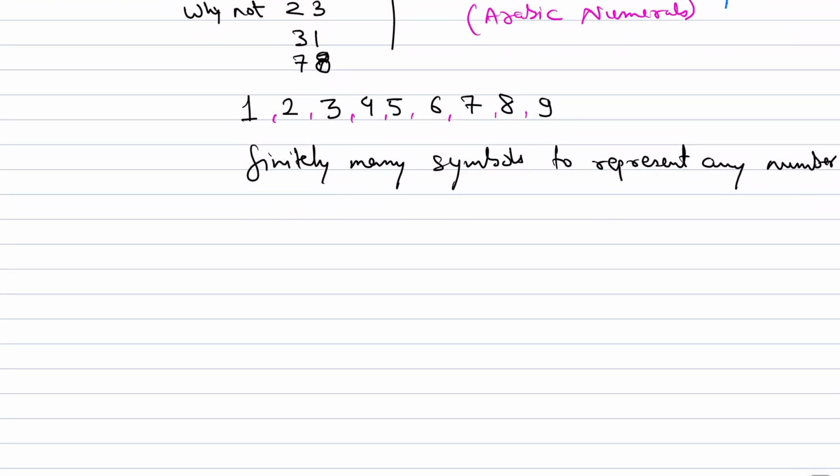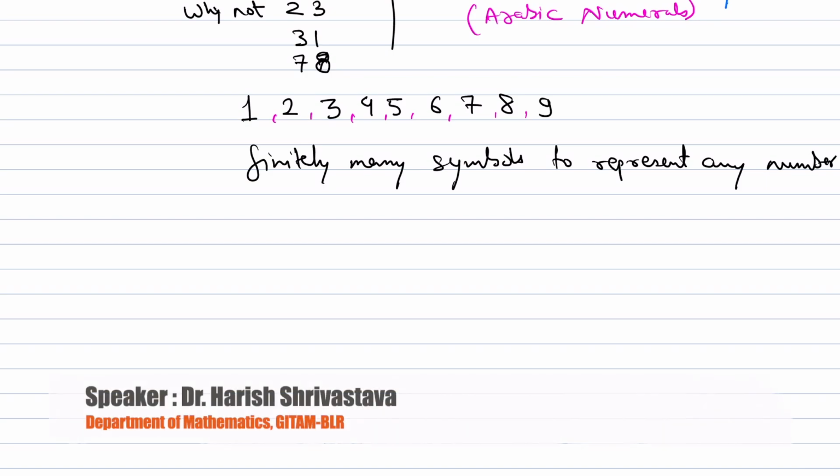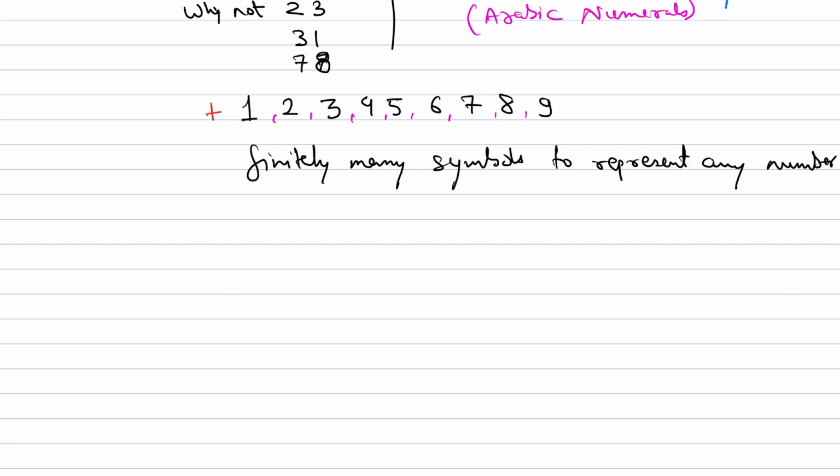Okay, so let's say I have only been given 9 symbols, and an additional symbol for the number 0. But for those counting numbers I have only 9, and 0 is the non-existent count anyway.